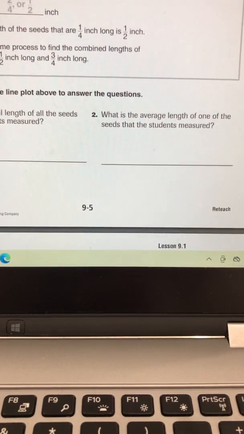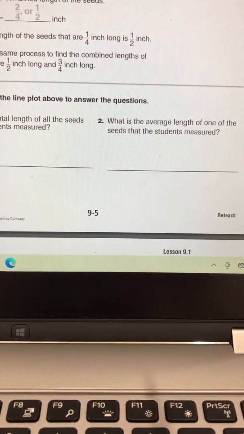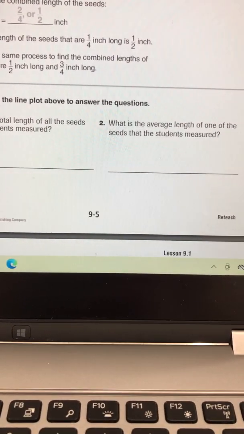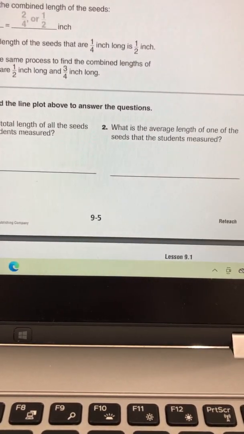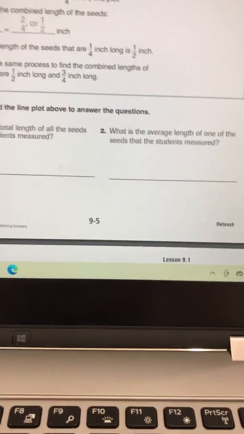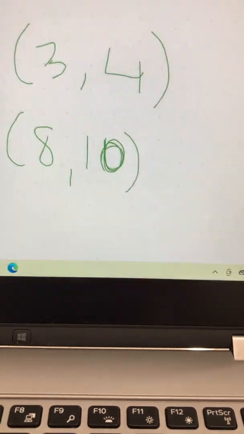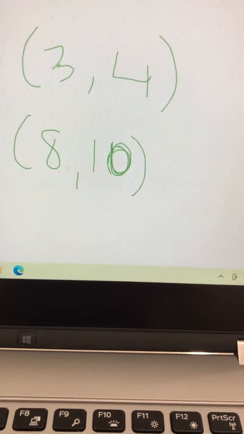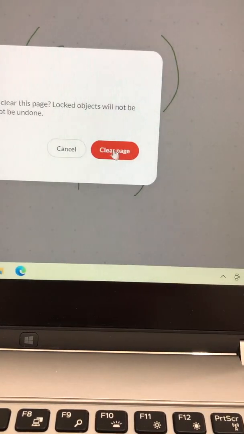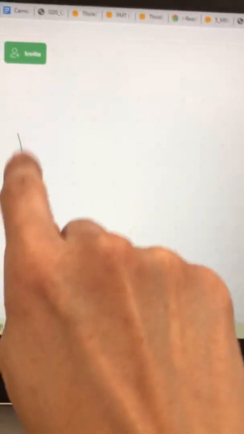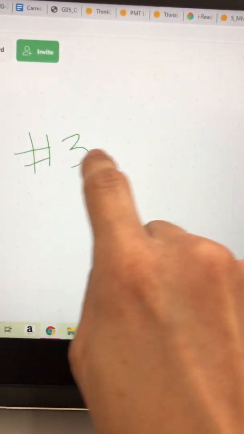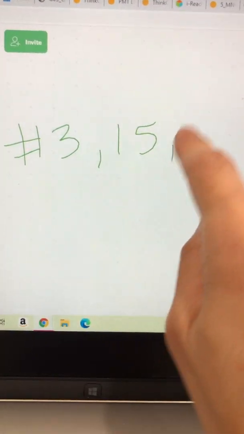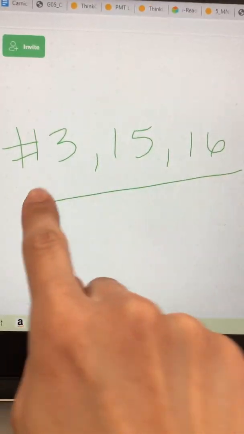And those of you that are at home, Think Central has already removed the questions that you're not doing, okay? But those of you that are in class, I want you to skip the following questions, because those are the ones that I removed for those that are at home. So you're going to skip number 3, 15, and 16, okay?